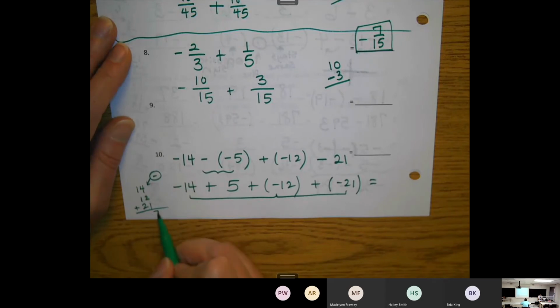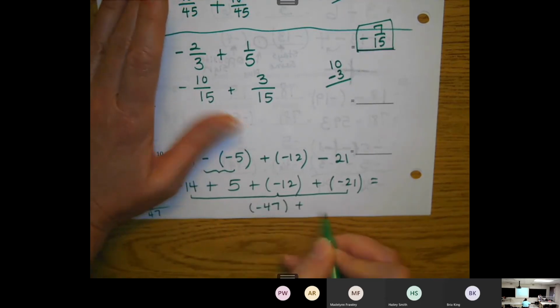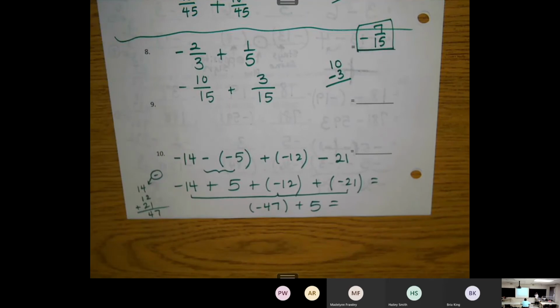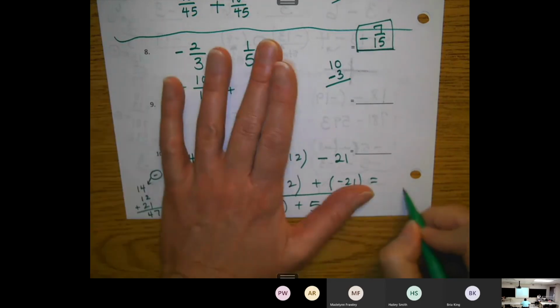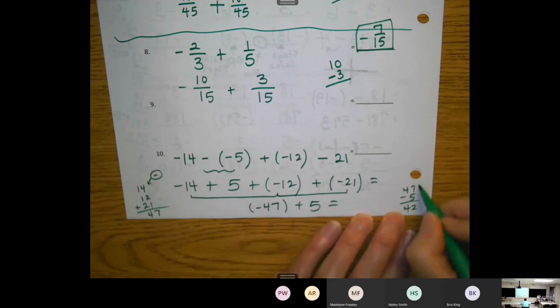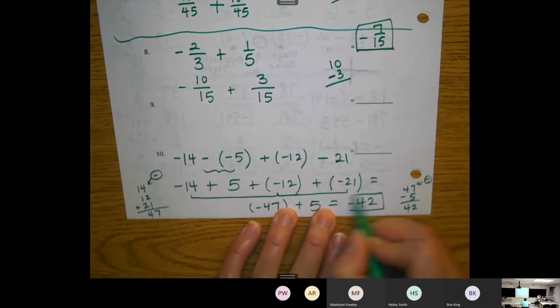That would make a negative 47. And I still need to add that 5 onto it. Now these have opposite signs, so I'm thinking about subtracting 47 and 5, and keeping the sign of the larger number. Negative 42 sounds good.